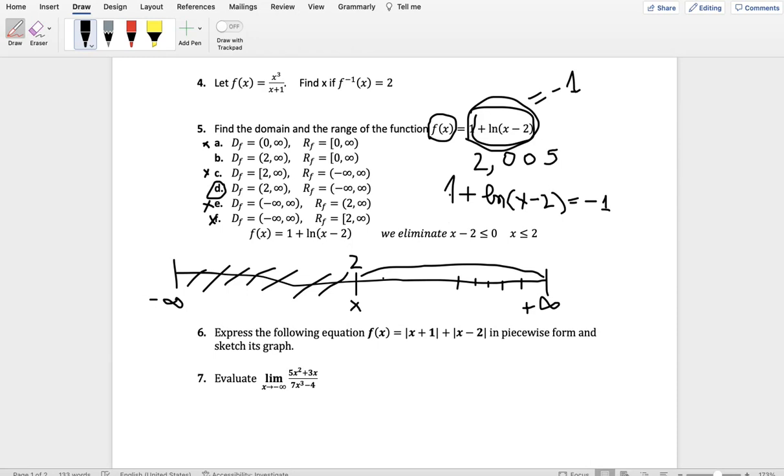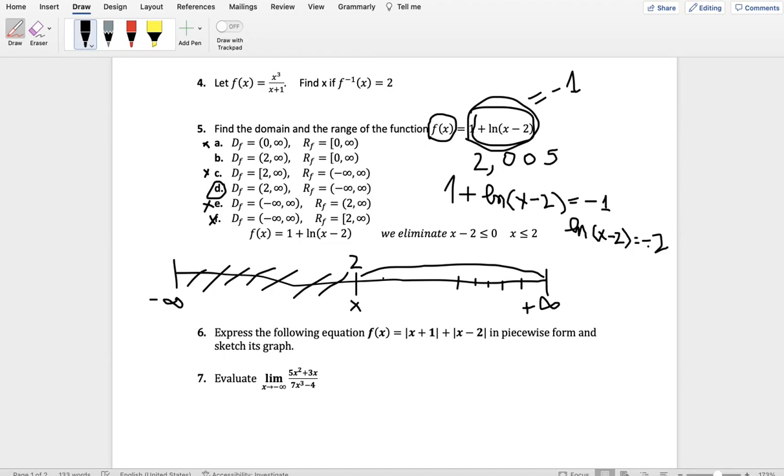If you take the 1 to the other side, you have minus 2. So now you have ln of x minus 2 is equal to minus 2, right?